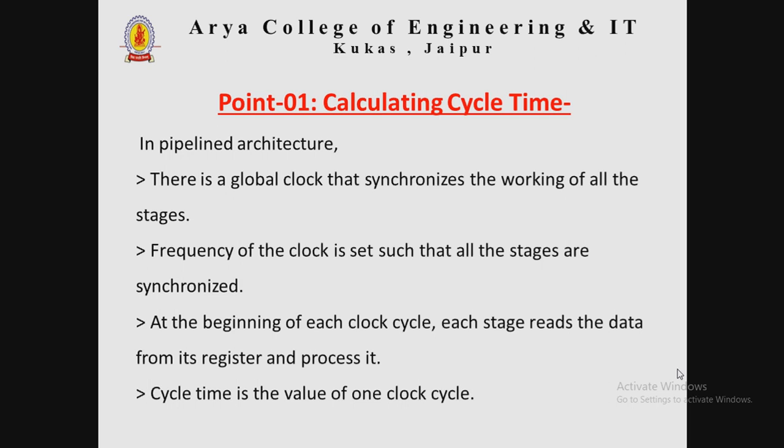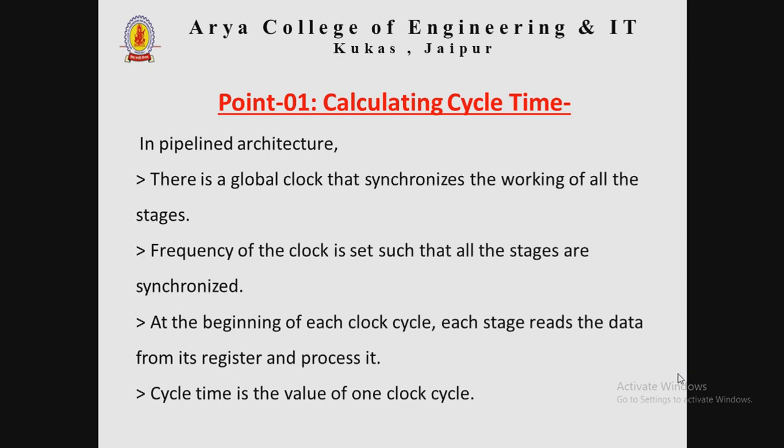In the pipeline architecture, there is a global clock that synchronizes the working of all the stages. The frequency of the clock is set such that all the stages are synchronized. At the beginning of each clock cycle, each stage reads the data from its register and processes it. Then the cycle time is the value of one clock cycle.